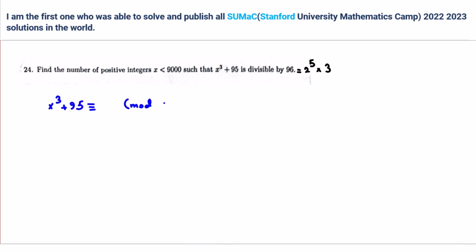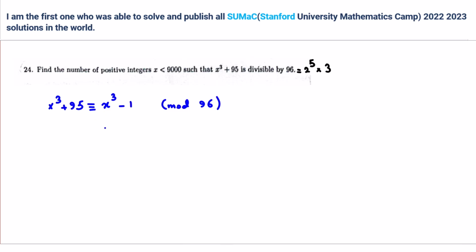Yes, 32 and 3, but in the first step, if you consider mod 96, instead of 95, we can write what? x cubed is equal to 1. Minus 1. Oh, yeah, right? Minus 1.